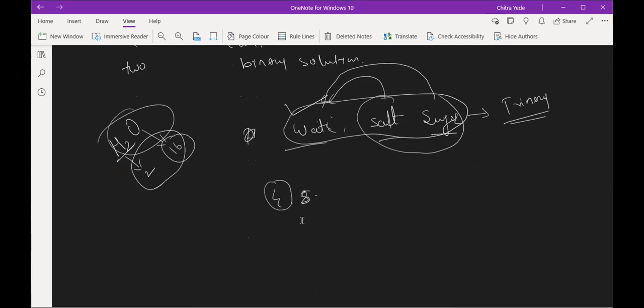Even in our air, many components are present, and it is a homogeneous mixture because in air we have 78% of nitrogen, 21% of oxygen, 0.02 to 0.04% of carbon dioxide. Then the rest we have other gases.